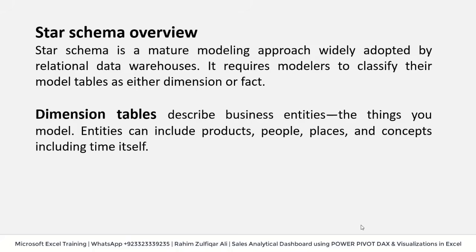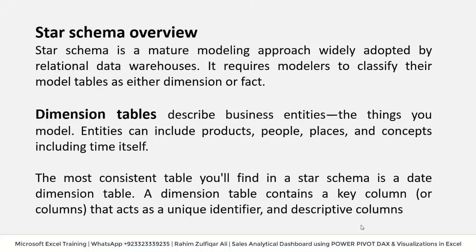Okay, so all this unique information pertaining to different business entities can be stored as a dimension table. The most consistent table you will find in a star schema is a date dimension table. A dimension table contains a key column or columns that act as a unique identifier and descriptive columns. Okay.